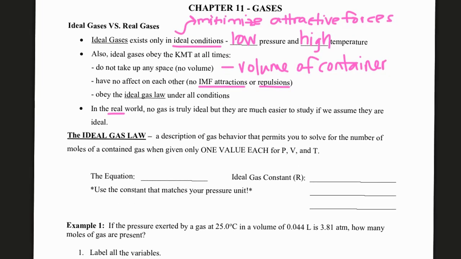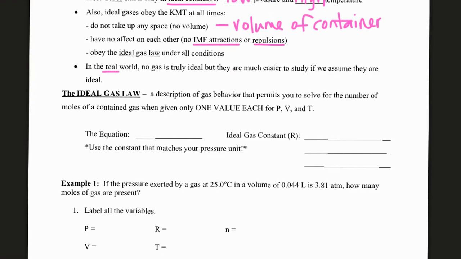So under ideal conditions, there is an ideal gas law that has been found. A law, just to remind you, is an observation of nature. And so in ideal conditions, scientists found these observations of gases at those ideal conditions.